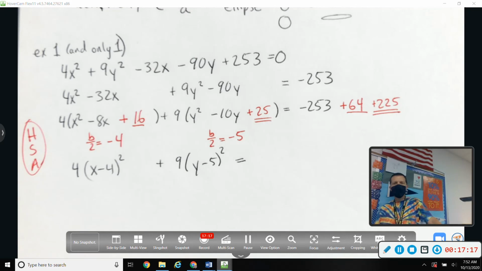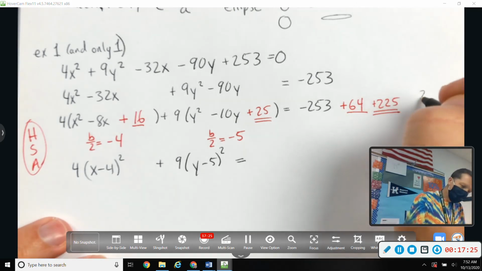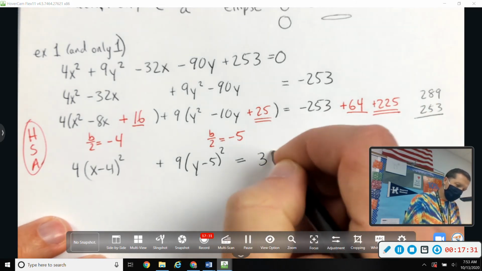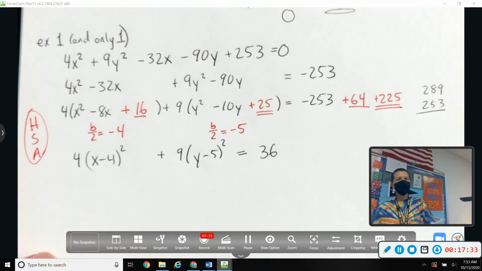On the other side, you would have a calculator for this section. 64 plus 225, 289 minus 253, 36. That's a nice thing to end up with there. All right, I'm closer to matching my standard form here.